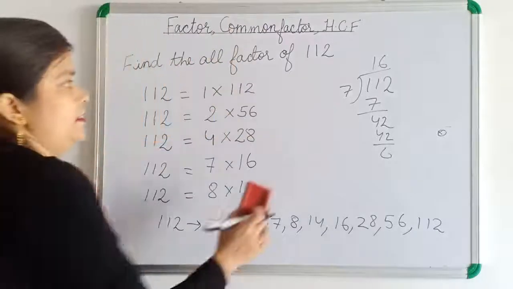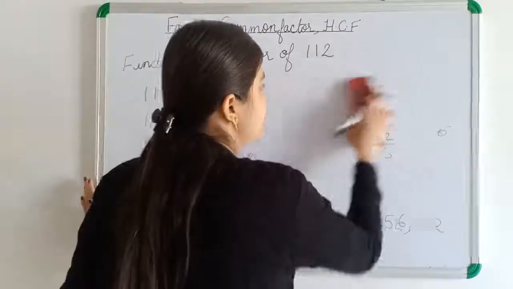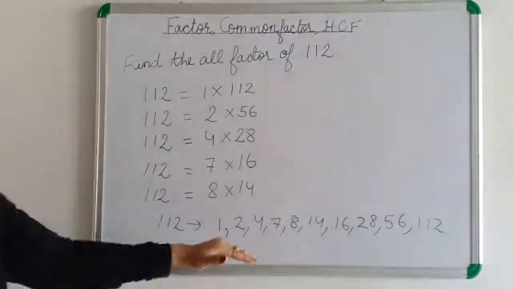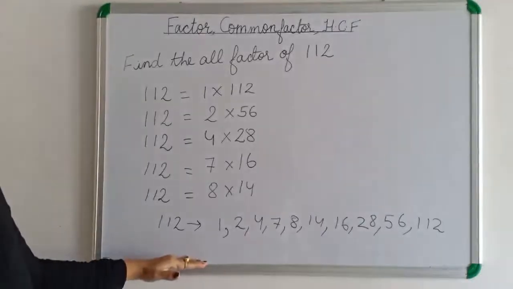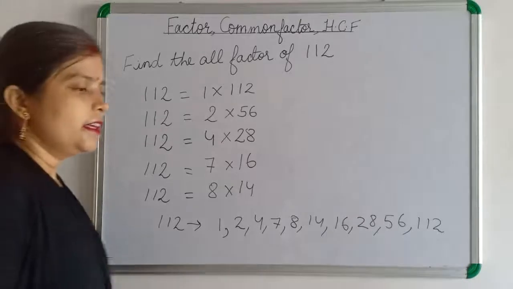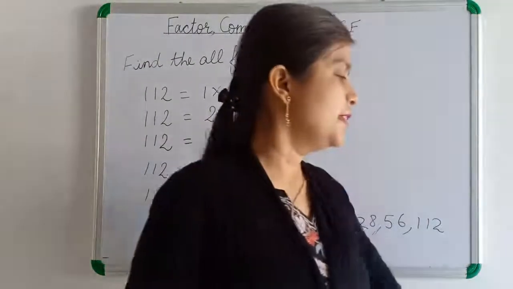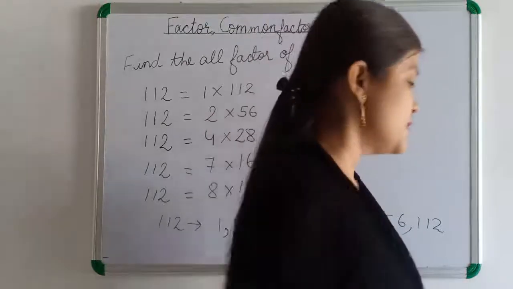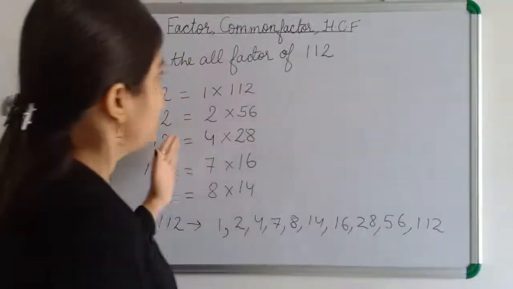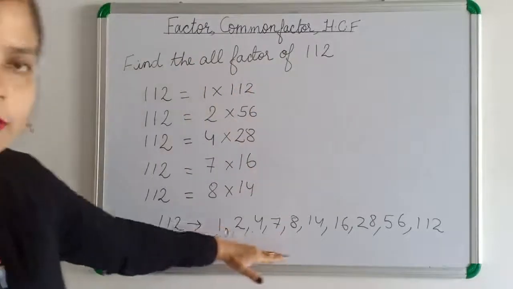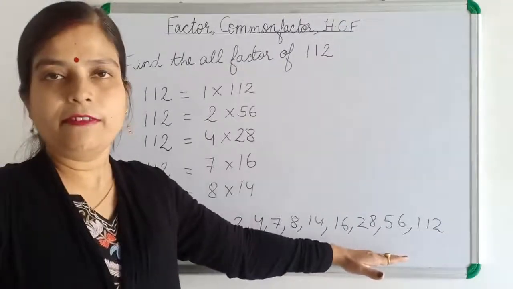One more thing. Like that we can find the factors of a number. I will teach you the divisibility also in the next class. In this class we are going to discuss only the common factor and HCF now. You know how to find the factor.